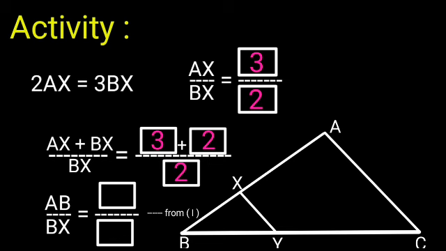AX plus BX is nothing but AB, because we are given X is between A and B, hence AB upon BX. In the numerator 3 plus 2 will be 5, hence on the right hand side 5 upon 2.